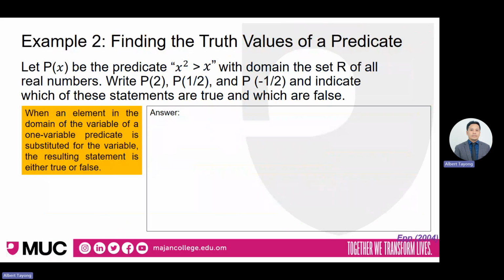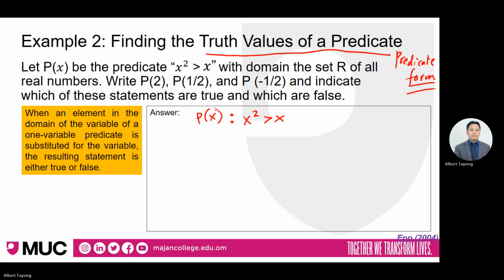Now let's look at this example. We're going to find the truth values of this predicate. Our predicate is x has the property of p, and that is x squared is greater than x. When I say predicate here, we're talking about the predicate form, the whole sentence with variables. So our sentence is x squared is greater than x. It's expressed in mathematical symbols, an inequality.